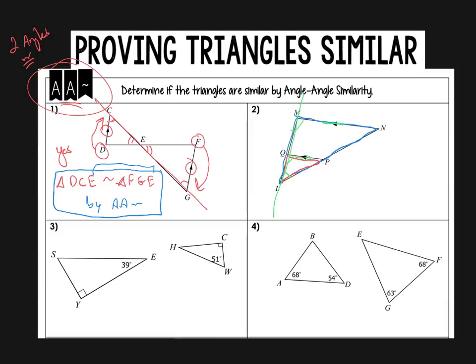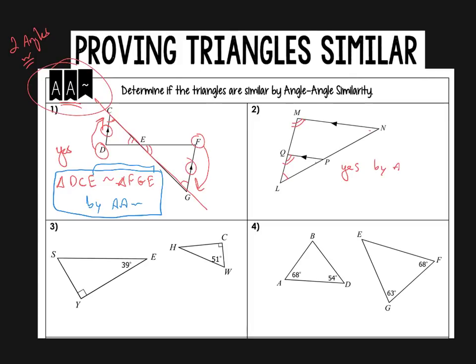So let me clean this up a little bit so we can see what's going on. What we've said is L is congruent to itself, and then the angle here at Q is congruent to the angle at M. Also, we know that these two angles are also corresponding angles, but we only needed two pairs.